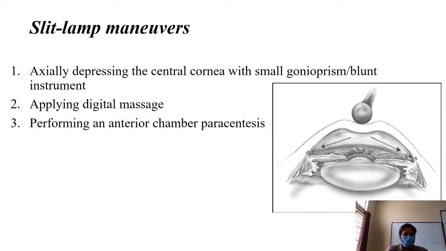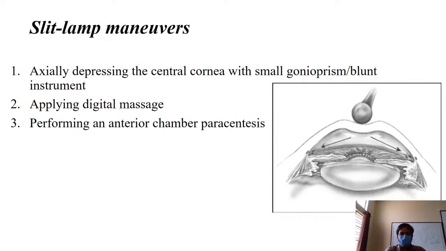There are some slit-lamp maneuvers. If the IOP is not reducing with your drugs, then what you do, you indent. This is the cornea, this is the angle structure. You indent cornea physically using your Goldmann applanation tonometer, using gonio lens, or using a glass rod.